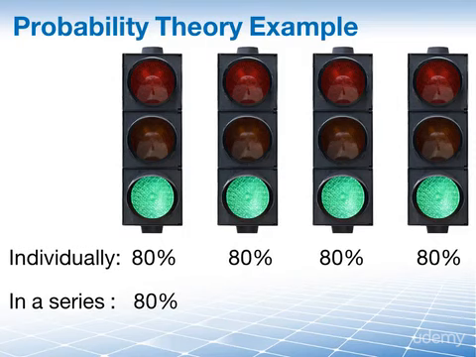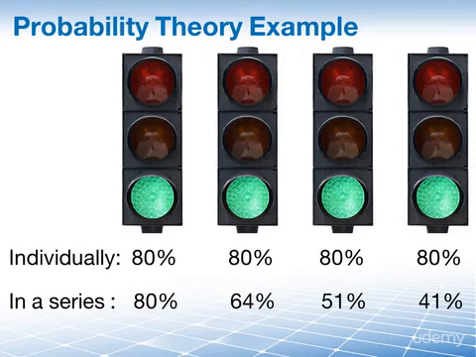Then, if I pass the second one green, I have 80% of 80% left, and 80% of 80% is 64%. When I pass the third at green, I have 80% of 64, which is 51. And finally, the fourth traffic light, if it's also green, then I have just reached 80% of 51%, and that is 41%. So my chance that I can pass all 4 traffic lights without ever having to stop is just 41%.